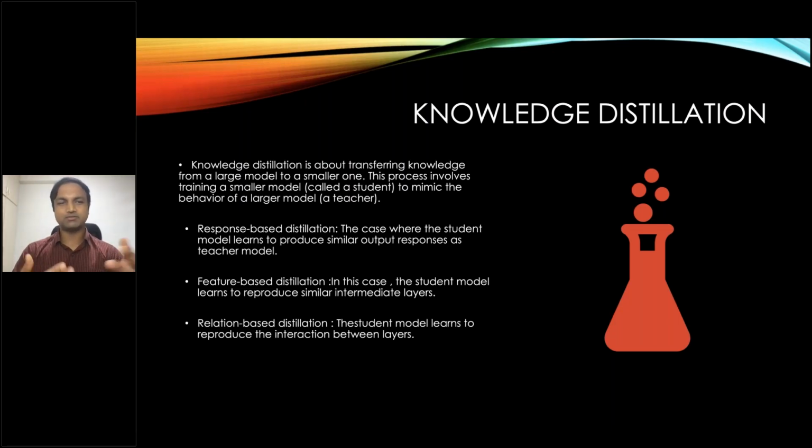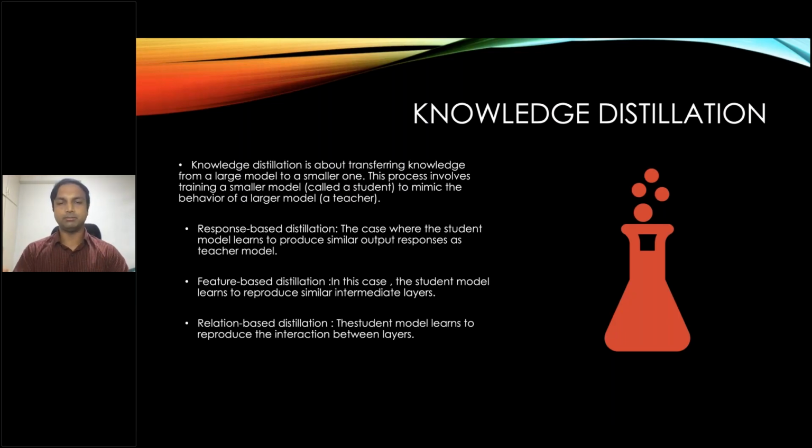These are basically 3 parts. We have response-based: if I want to mimic the output of a teacher model, I would go for response-based distillation. If I want to use similar intermediate layers, which is specifically good for internal representation, things like encoding, where you want a distinct feature representation, then you go for these kinds of distillation techniques.